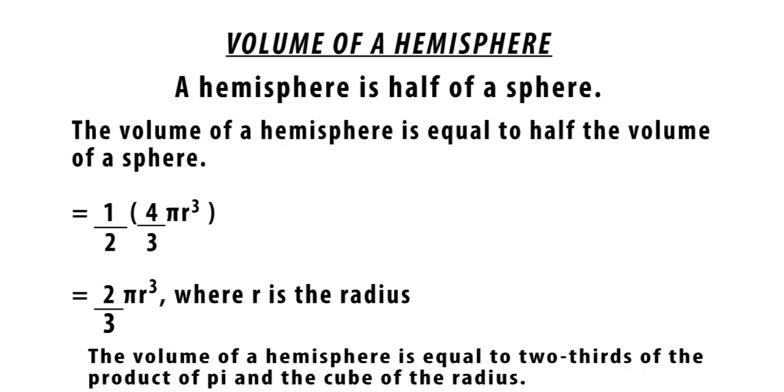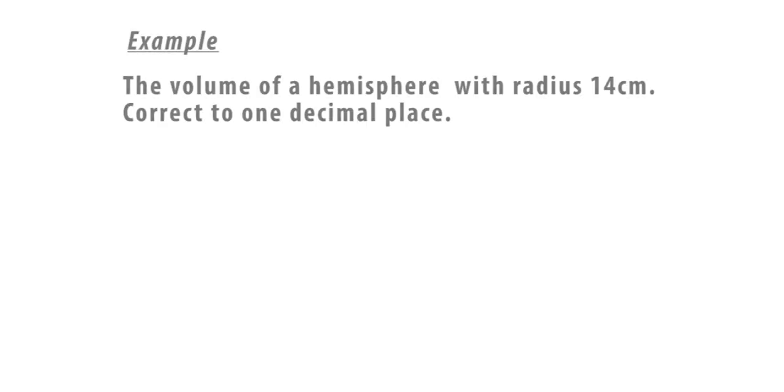In fact, from the formula, you can see that the volume of a hemisphere is equal to 2/3 of the product of pi and the cube of the radius. Let's look at an example, a way that we can apply this formula. Find the volume of a hemisphere with radius 14 centimeters, correct to 1 decimal place.